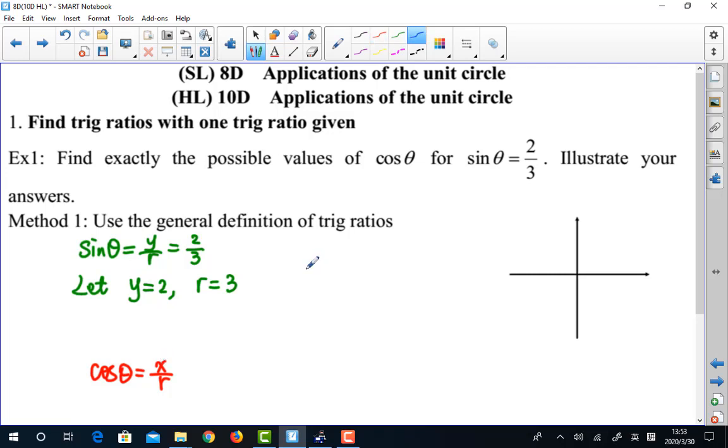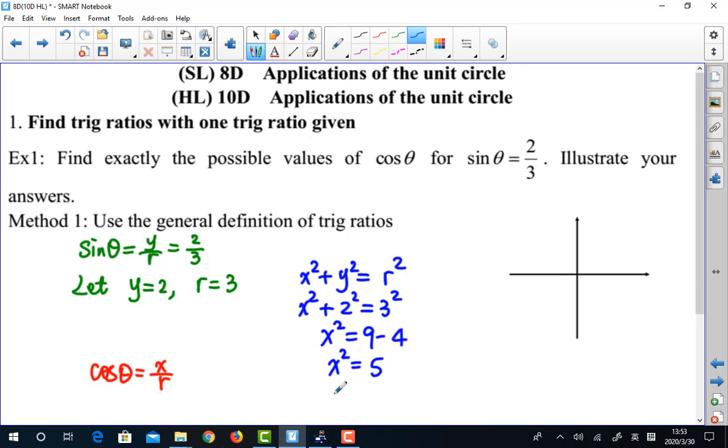How can I find the x value? Based on the general definition in 8A to 8C, we should know x squared plus y squared equals r squared. So we are looking for x, but we know the y value, which is 2 squared, then this 3 squared. So x squared equals 9 minus 4, x squared equals 5.